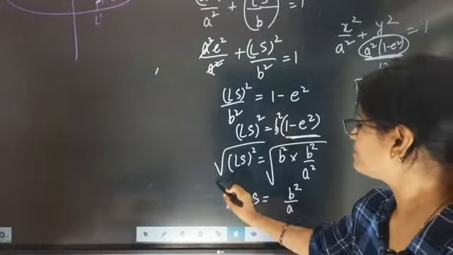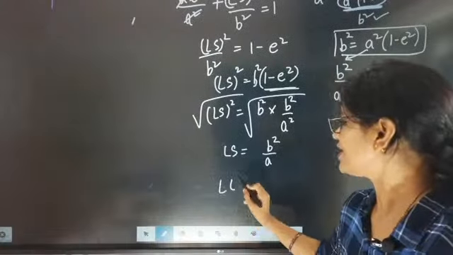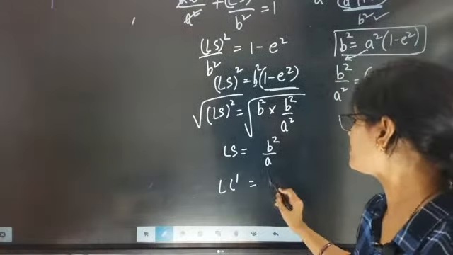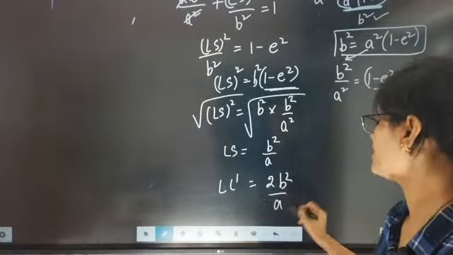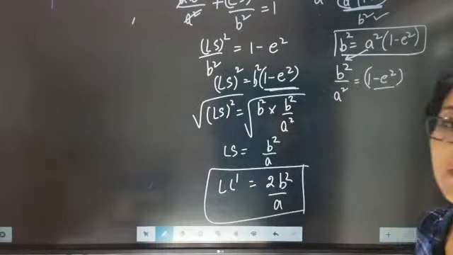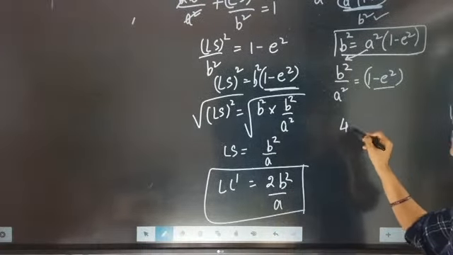Then LL dash, the total latus rectum, will be 2b square by a. In parabola what was there? In parabola it was 4a.